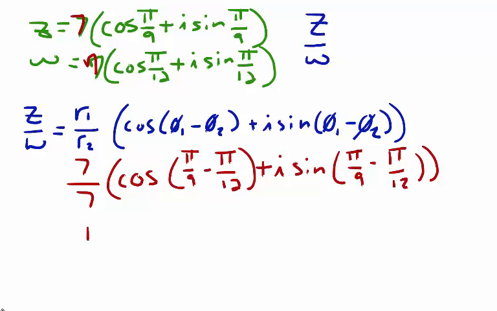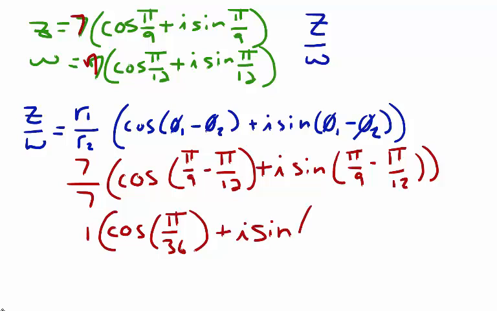Seven divided by 7 equals 1, times cosine, and here we subtract or take the difference of the fractions, pi over 9 minus pi over 12, which works out to pi over 36, plus i sine pi over 36.